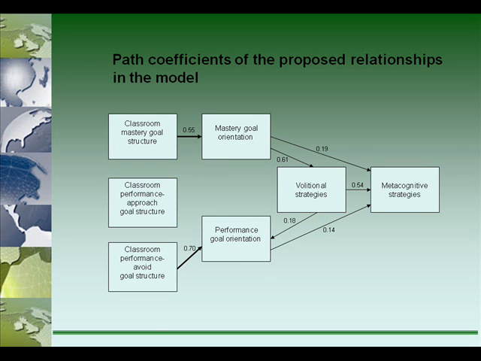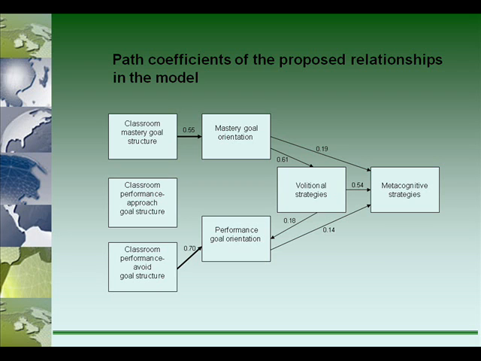The obtained results show that classroom mastery goal structure is significantly related to mastery goal orientation. Mastery goal orientation, in turn, significantly relates to metacognitive strategies. Classroom performance avoid goal structure significantly relates to performance goal orientation.